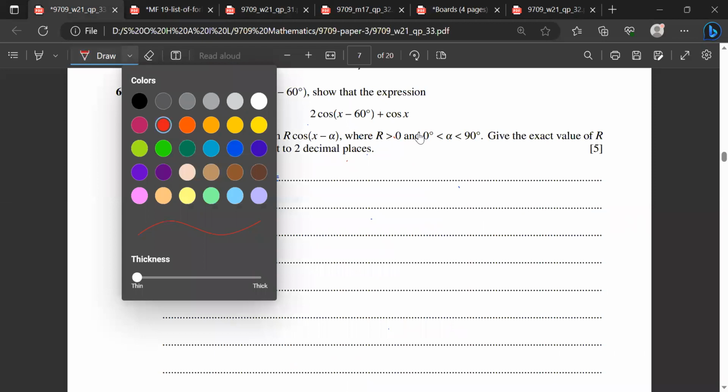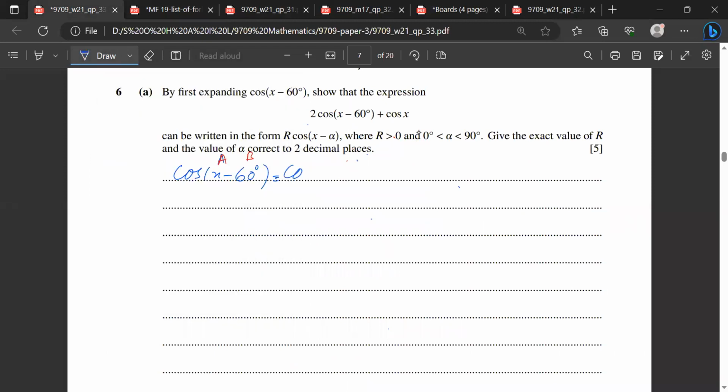Cos a cos b means cos x cos 60, and the sign is opposite: for cos, if negative is in the bracket, we write plus sign. Sine x sine 60 degrees.